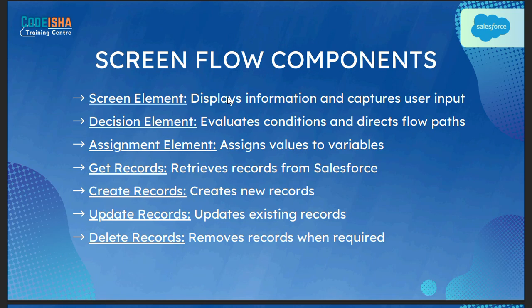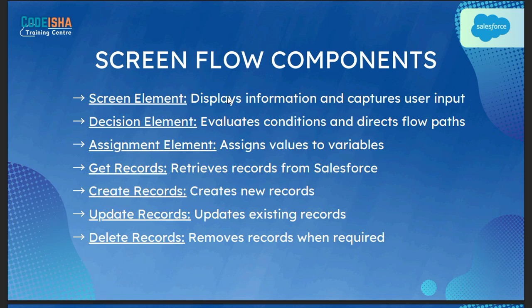The assignment element assigns values to variables. The get records element is used for retrieving records from the Salesforce database, and we can create new records with the create records element. We update records with the update records element, and we can also delete records inside Salesforce with the delete records element.